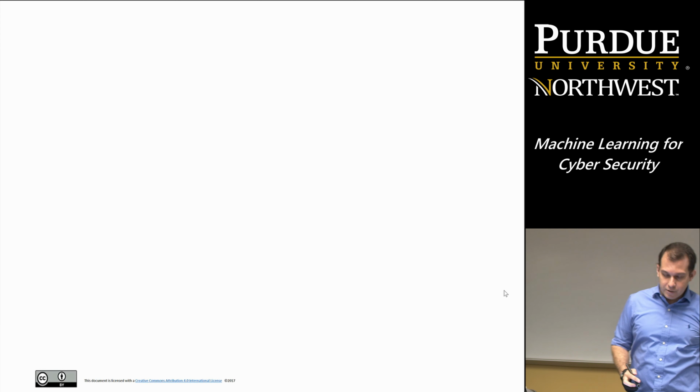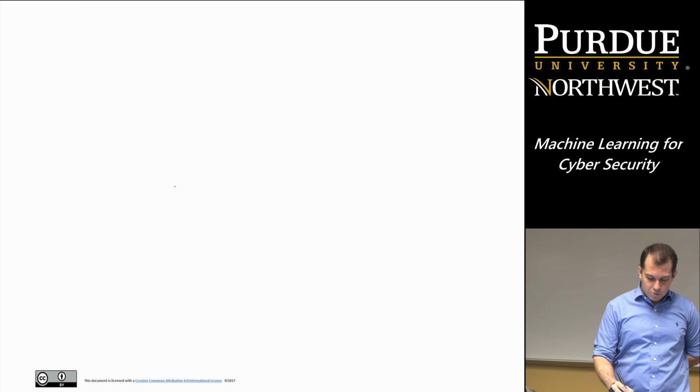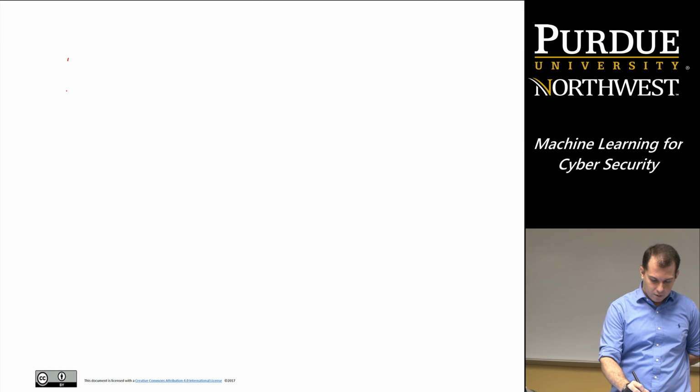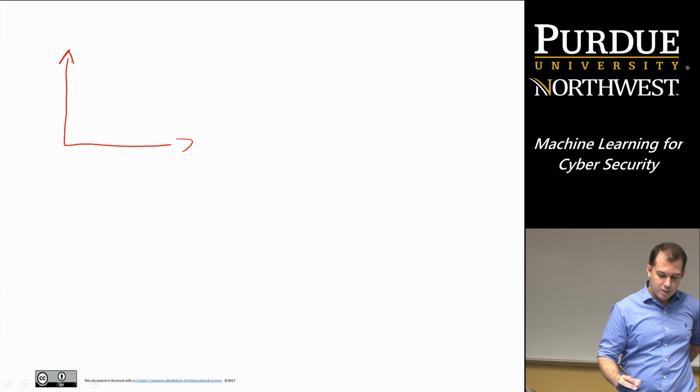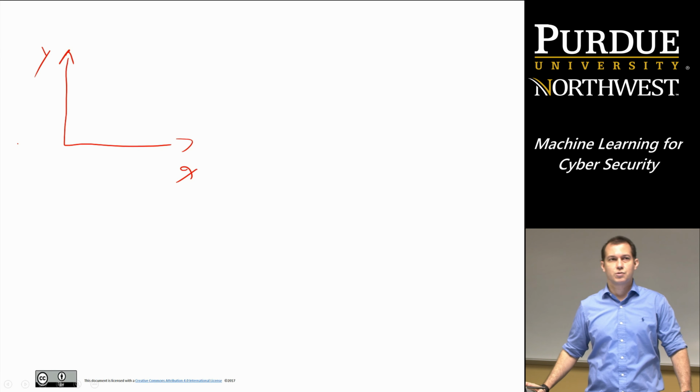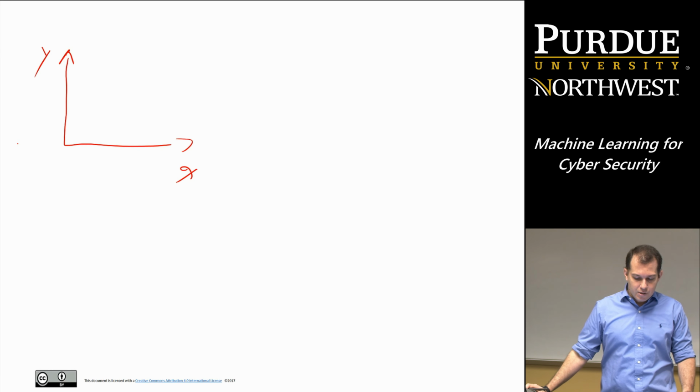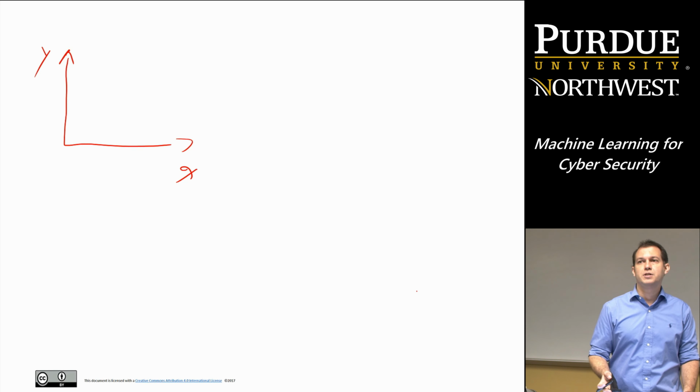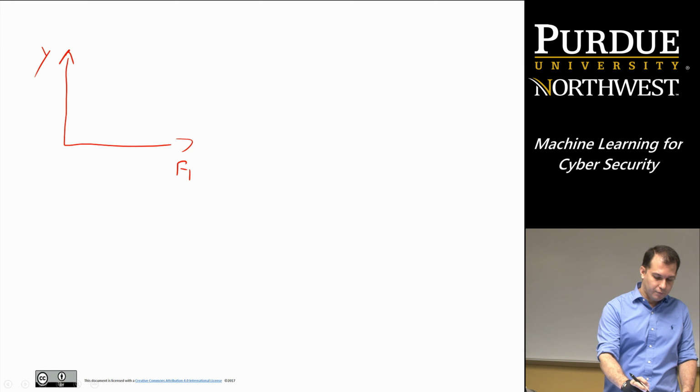So the vector space, what we were doing before, is really creating a space. Let's think of the simplest one, the Cartesian space, right? So we always know this as x and y, correct? That's kind of how we learn it in school. But as it turns out, these are the features themselves. So this is f1, this is f2.